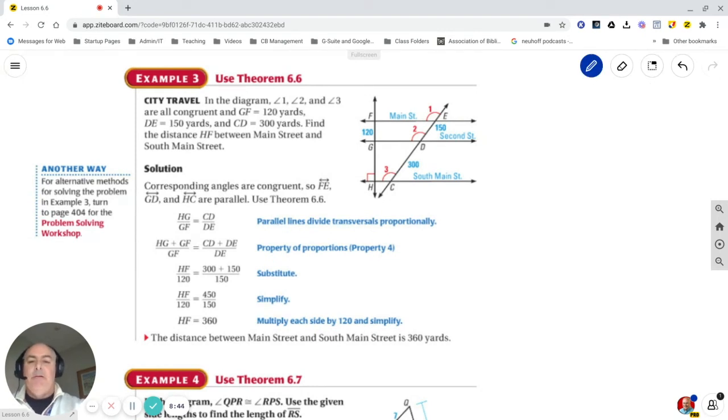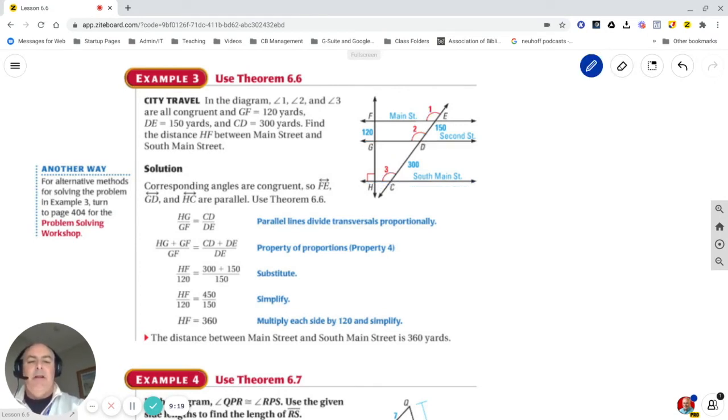Here I have an example of 3 lines and a transversal. I know that angles 1, 2, and 3 are all congruent. So what that tells me is that these lines are all parallel because, here to here, those are corresponding angles. 2 to 1, those are corresponding angles.